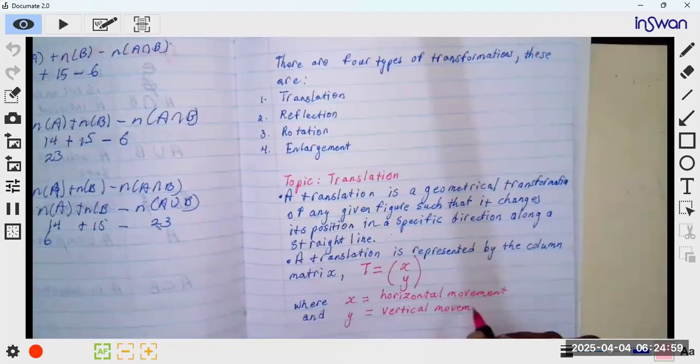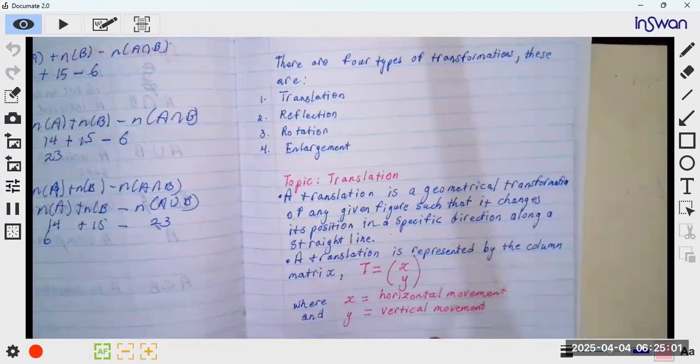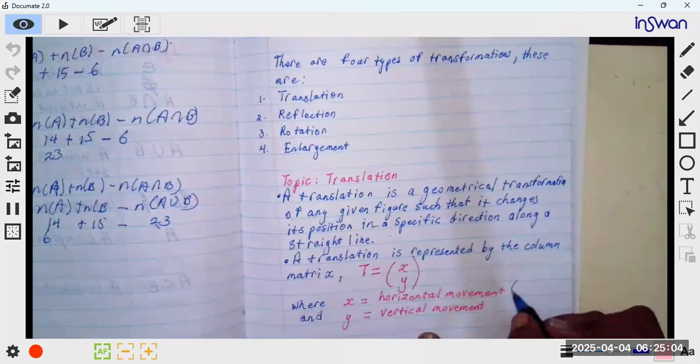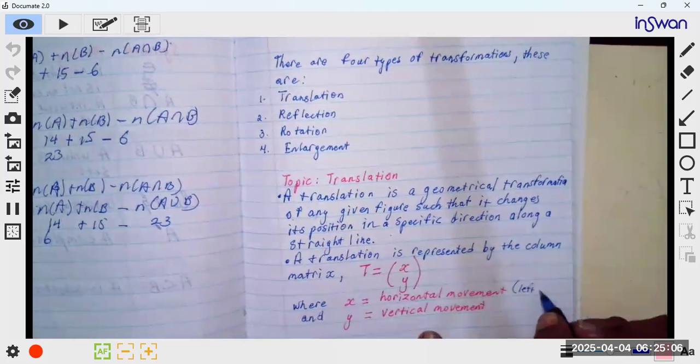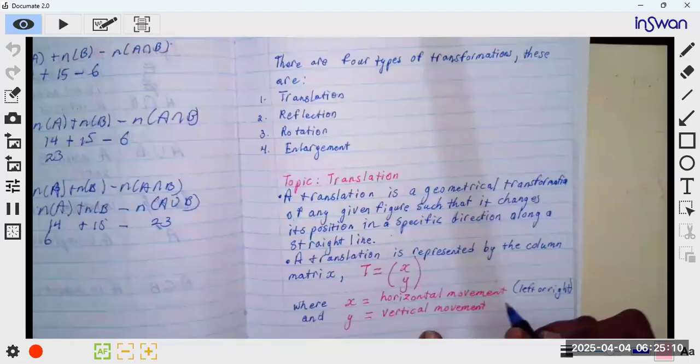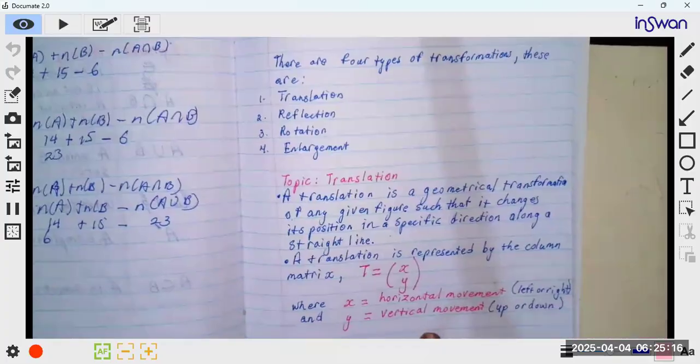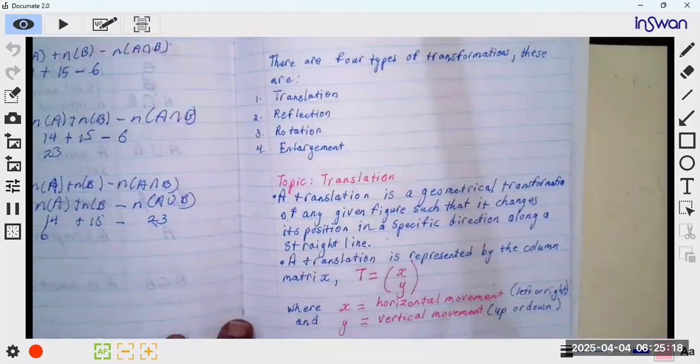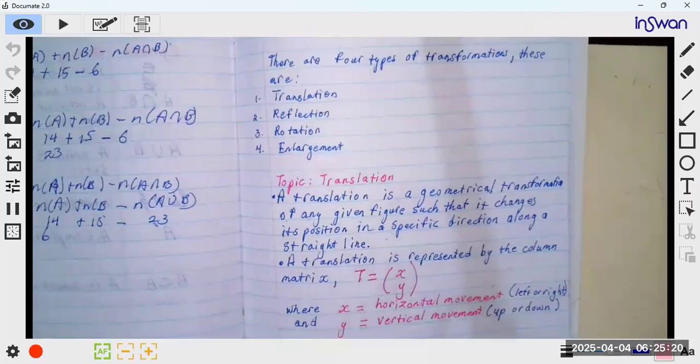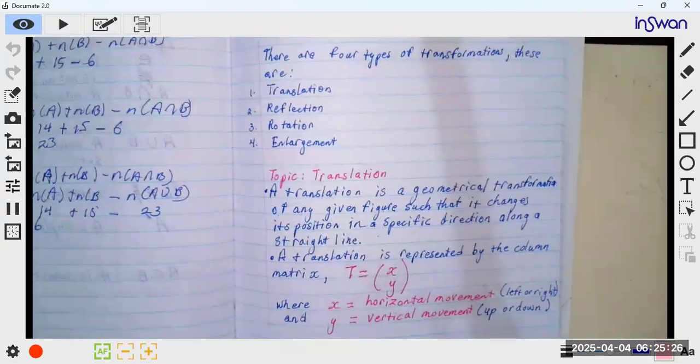So the horizontal movement is left or right, whereas the vertical movement is up or down. The horizontal movement is left or right, and the vertical is upwards or downwards.